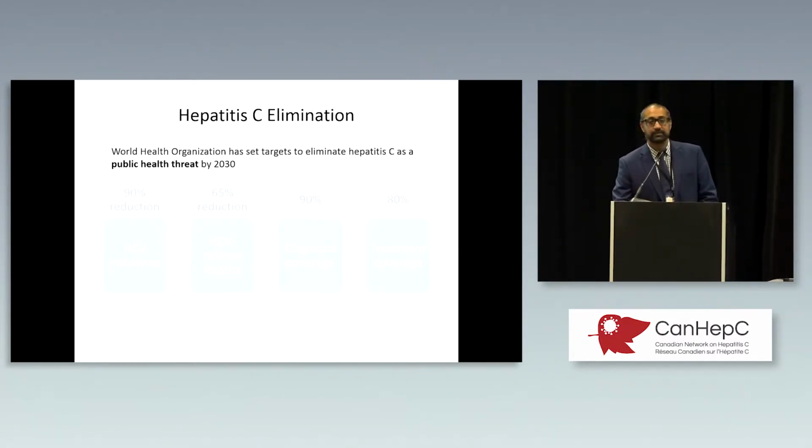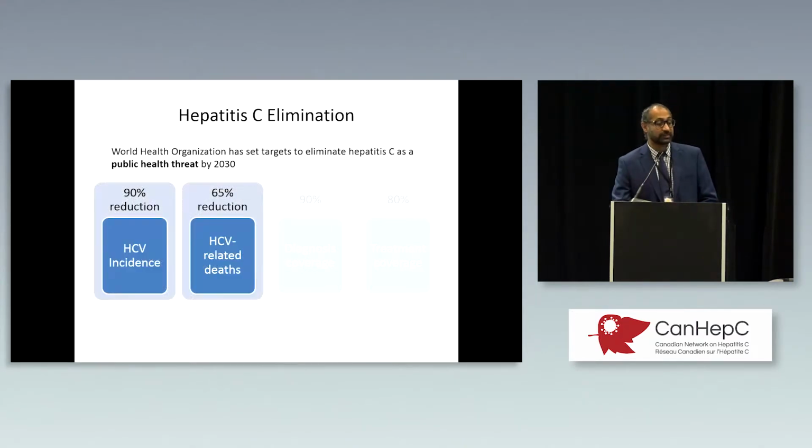Okay, so let's start with the definition of hepatitis C elimination. We just want to make sure that we all are on the same page. We are not talking about eradication of hepatitis C yet. We're talking about eliminating hepatitis C as a public health threat, which is a very specific definition defined by the World Health Organization, which says that by 2030, we should be able to reduce the incidence by 90% and mortality from Hep C by 65%.